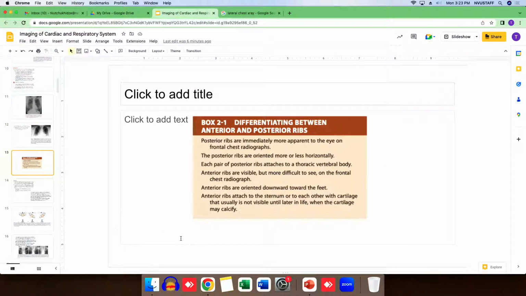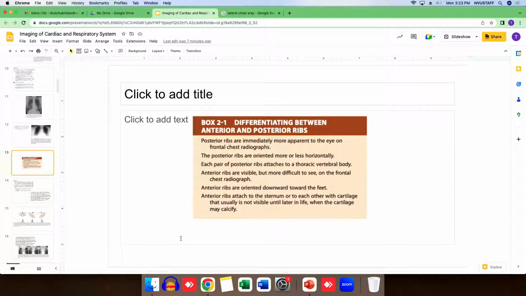So these are the key points to differentiate anterior and posterior ribs, and why we count them. Posterior ribs are immediately more apparent to the eyes than the anterior ribs. The posterior ribs' location is less horizontal. Also, all of the ribs are attached to the thoracic vertebra, so we will know exactly that this is a rib and not any other structure.